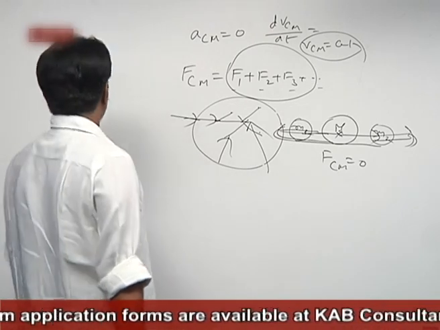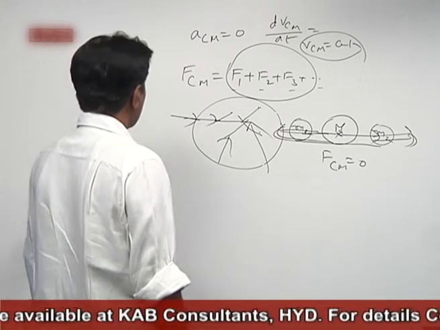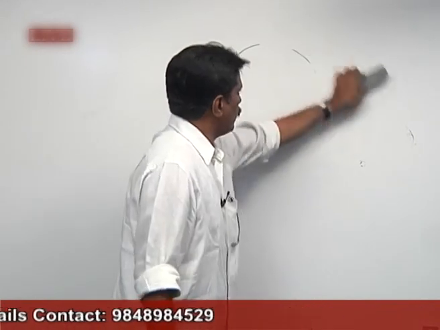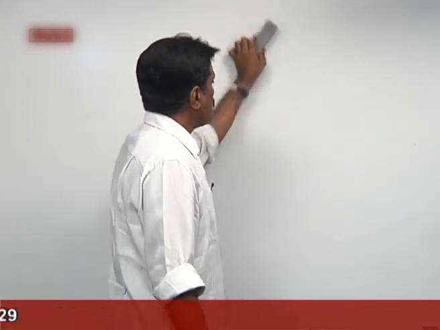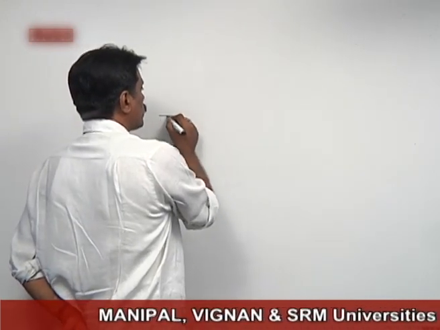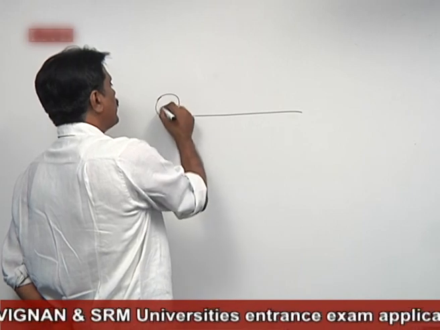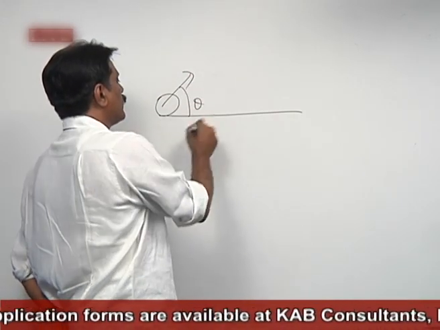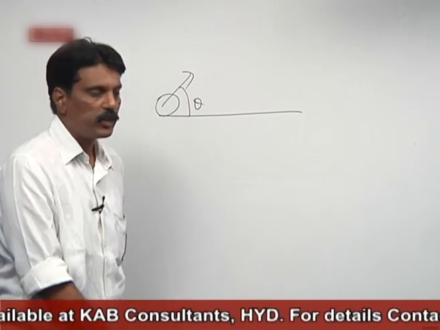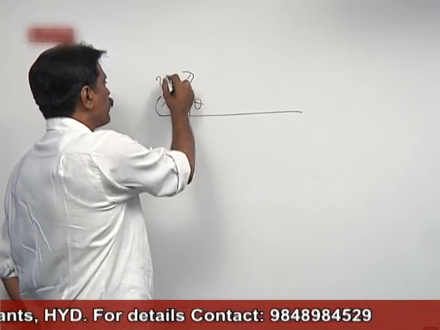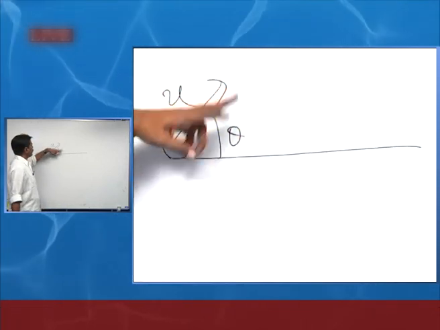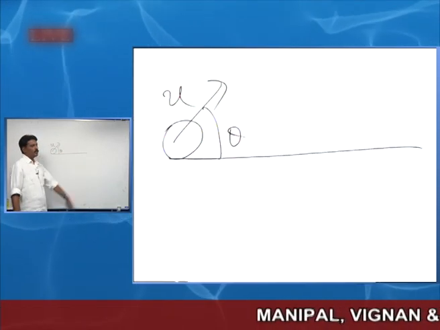Now, let us discuss a little bit more about the motion of the center of mass. Suppose you project a body at an angle theta to the horizontal with some initial velocity u.